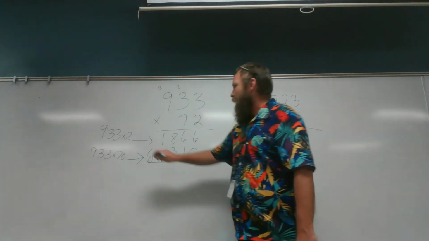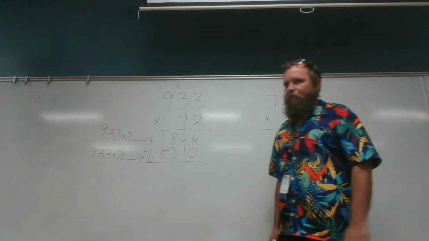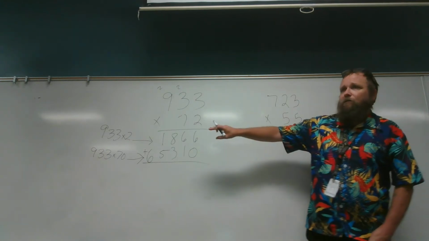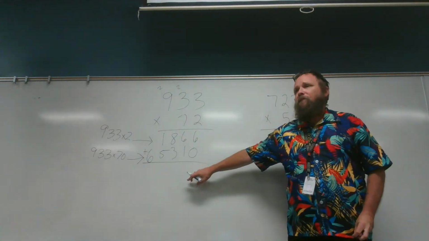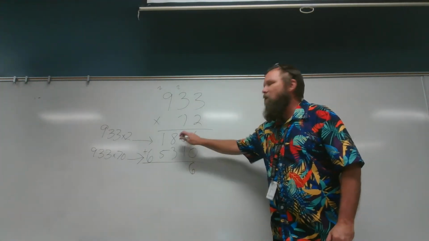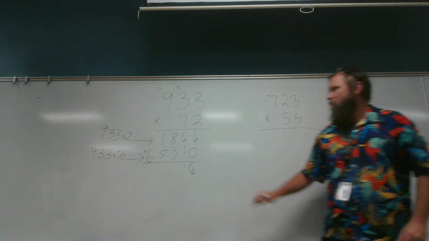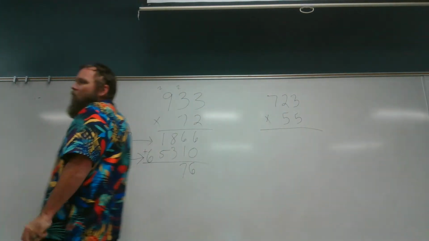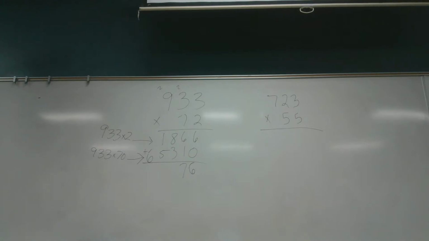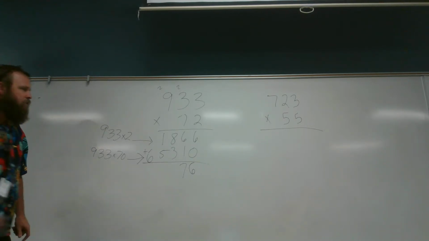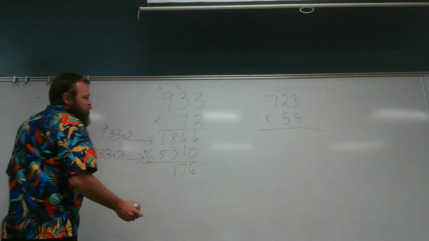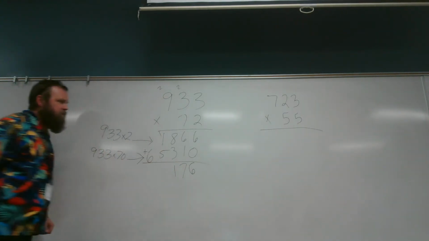Dylan, we're going to add these two products together. So Dylan, what's going to go in the ones place? 6. Dylan, what's going to go in the tens place? Dylan, what's the sum of the hundreds place? So I have 11 hundreds, which is 100 and 1,000.